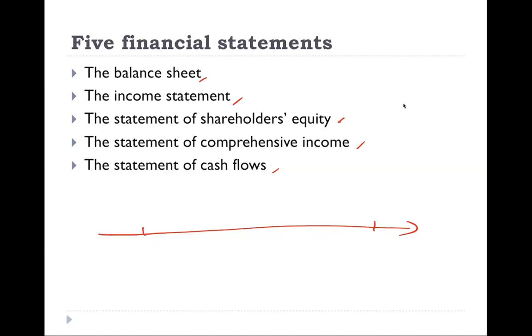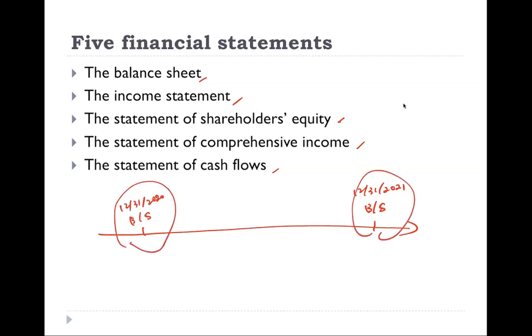For example, on December 31st, 2020, the firm may have a balance sheet. On December 31st, 2021, the firm has another balance sheet. It is a statement that captures the firm's financial position at a point in time. So those balance sheets are at a point in time.